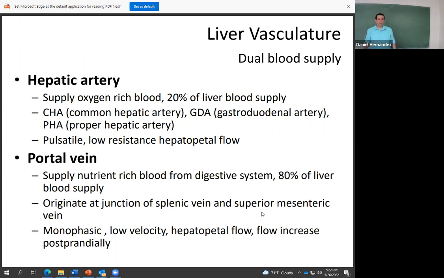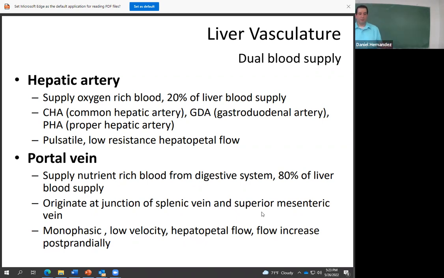So the portal vein supplies nutrient-rich blood from the digestive system. This vein is draining our digestive system. We eat food, we digest food, we're processing it, and all the nutrients we're eating and digesting get absorbed into the intestines, and that blood flow then gets drained to the liver for processing.